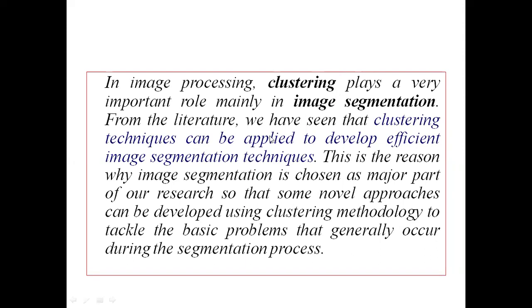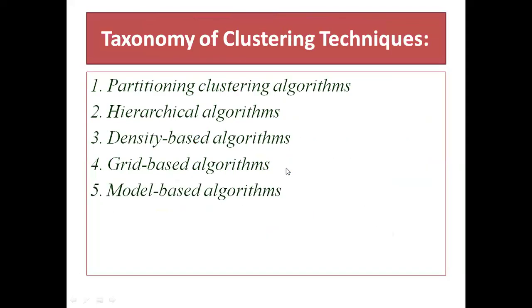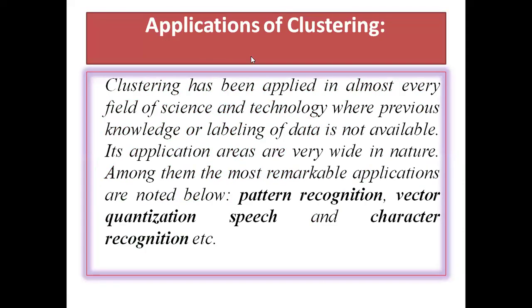In fact, from our own research work, when we went through the literature review, we found that clustering techniques can be applied to develop efficient image segmentation techniques. So image segmentation is an important area of clustering, and image segmentation means isolating some objects of an image, forming a different cluster so that that particular object falls in that cluster.